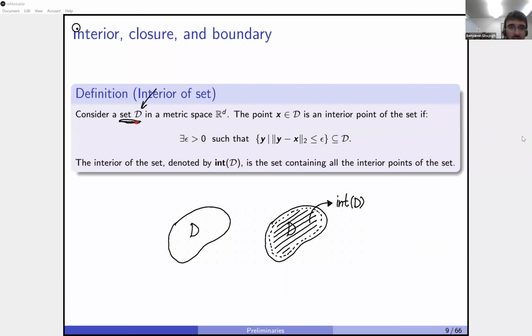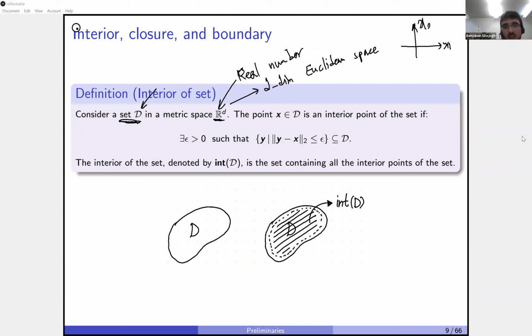If it is a standard set, such as the real numbers, the font is like this. And this R^D means the D-dimensional Euclidean space. What does it mean? For example, this is two-dimensional Euclidean space. This is three-dimensional Euclidean space. So D-dimensional Euclidean space means we have D variables.